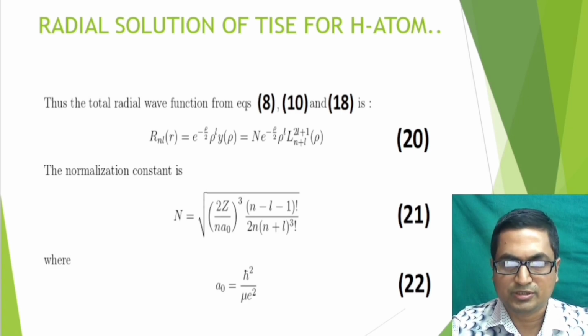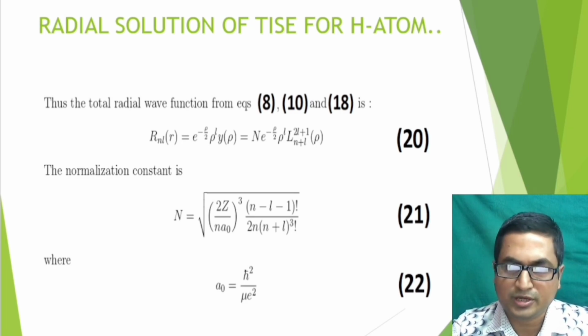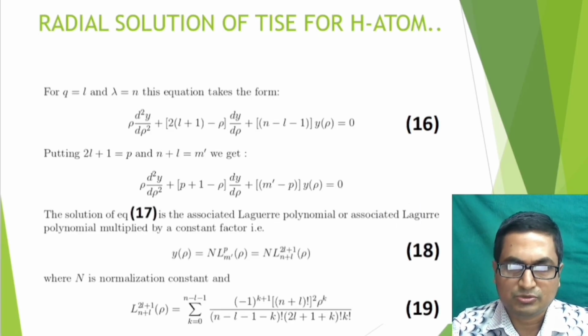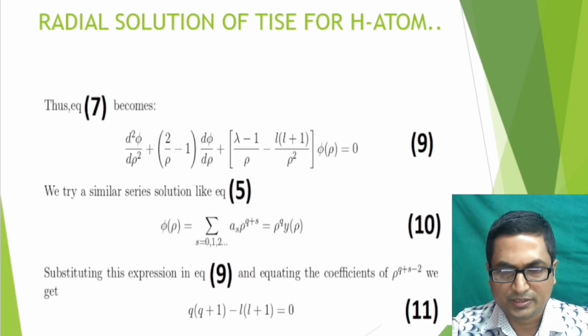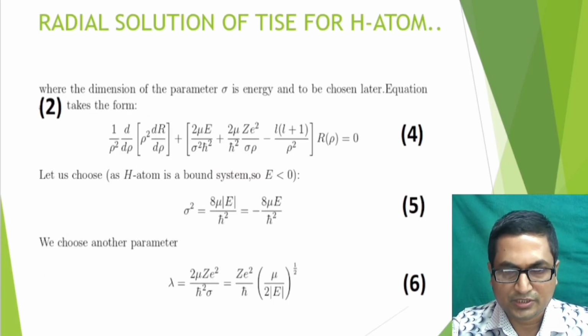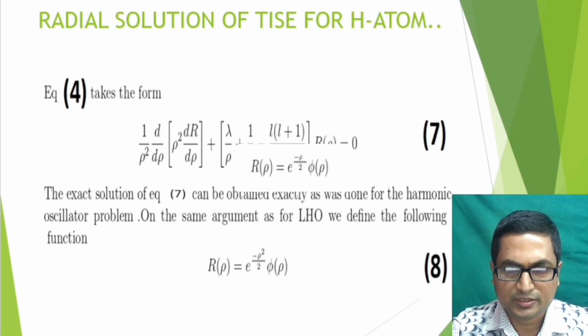So with all this, with some mathematical complexity, and on the same trick as in the case of the linear harmonic oscillator, we can arrive at the radial solution for the hydrogen atom problem as far as the time independent Schrödinger equation is concerned. The basic thing we must remember is that we are choosing these kinds of parameters. Equation 5, equation 6, and then equation 7 is the equation that we have to solve.